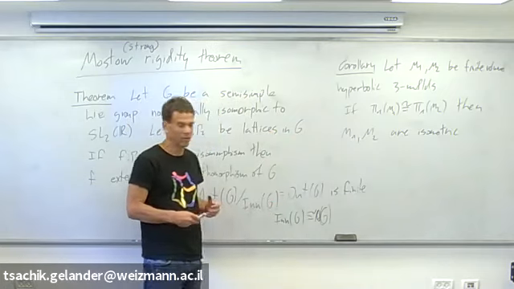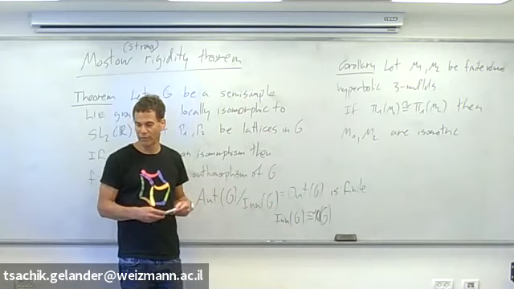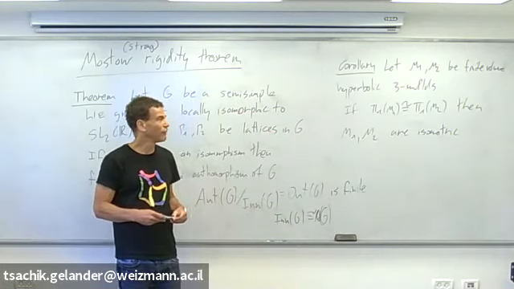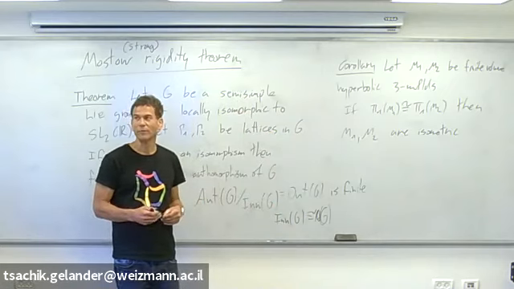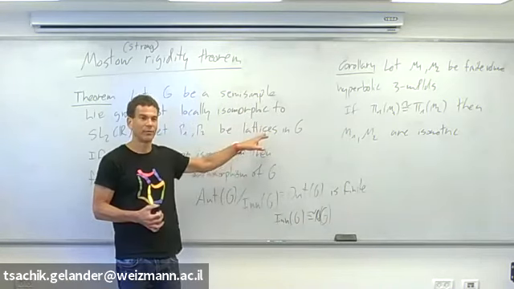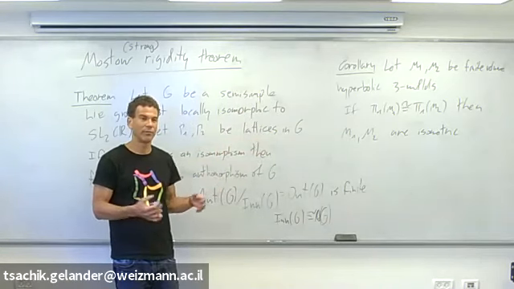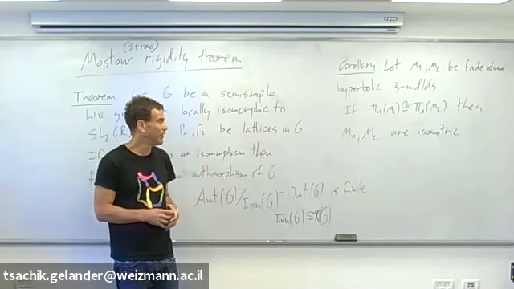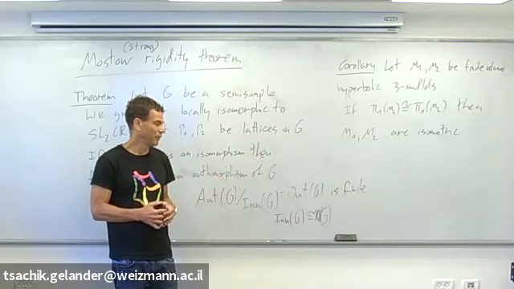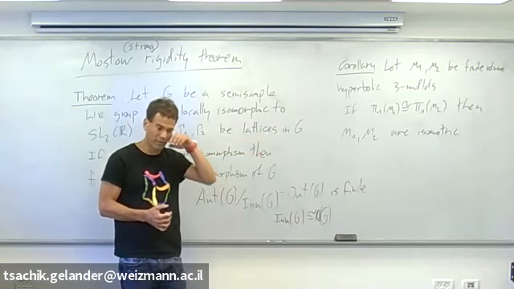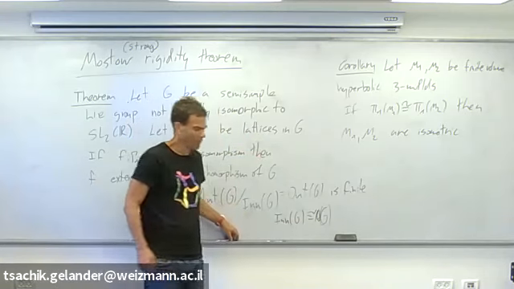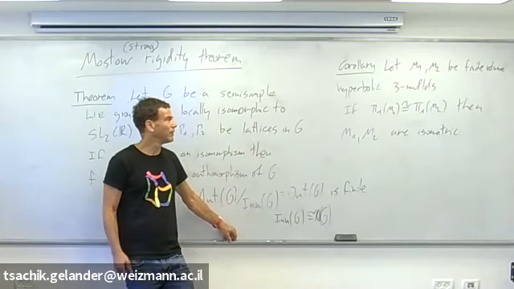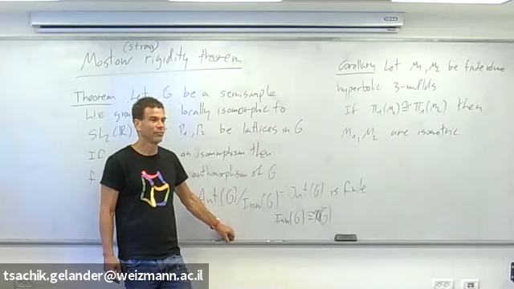And Mostow told me that the most difficult case for him was rank one, like SU(n,1), Sp(n,1), and F4(-20). But he managed to prove it, and some years later, Sullivan and Gromov gave a much shorter proof for that case.